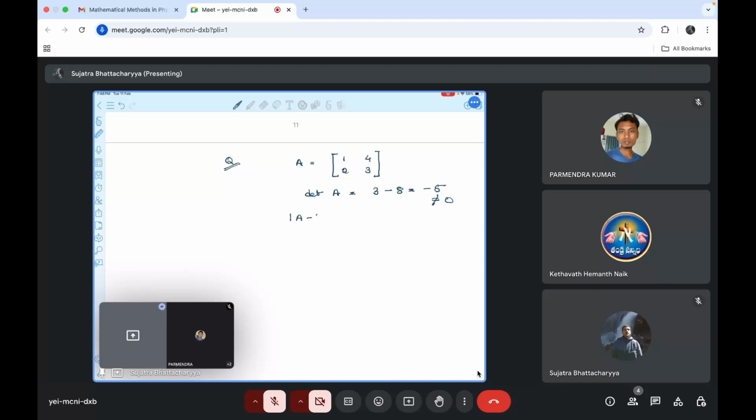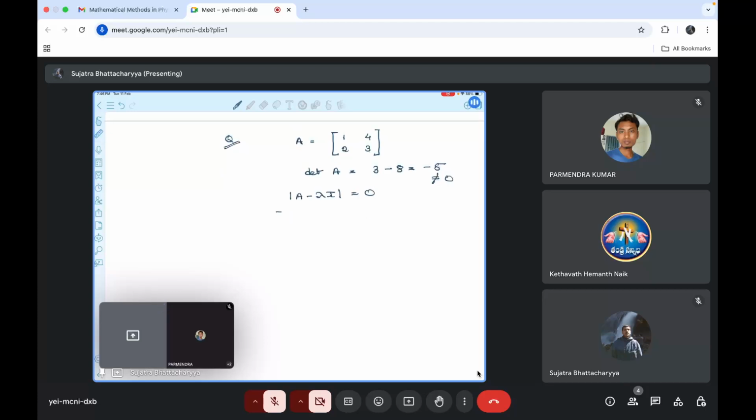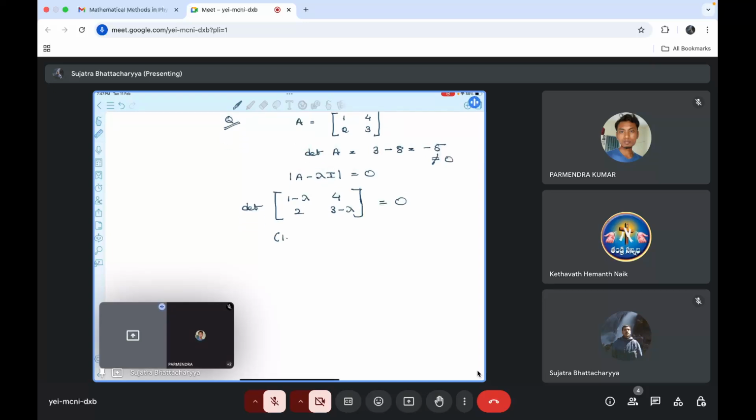For that, what you have to do? Cayley-Hamilton theorem: the determinant of A minus lambda I should be equal to 0. You will get 1 minus lambda, 4, 2, 3 minus lambda, and this determinant should be equal to 0. So we get (1 minus lambda)(3 minus lambda) minus 8 equal to 0. So 3 minus lambda minus 3 lambda plus lambda square minus 8 equal to 0. Correct?